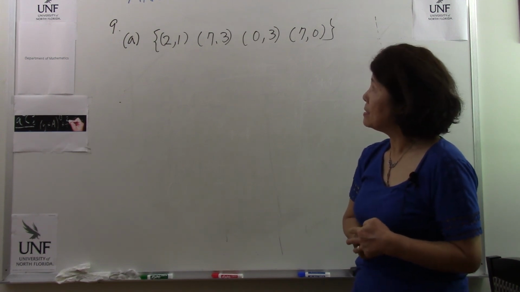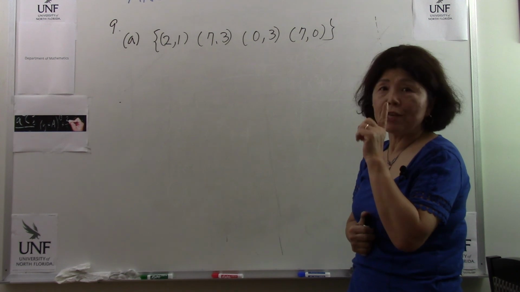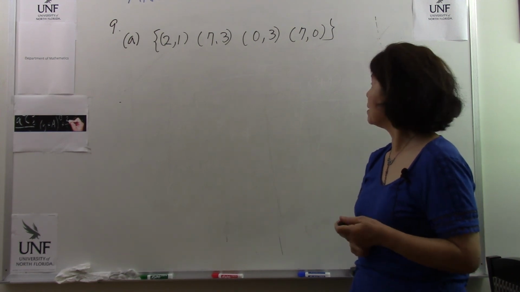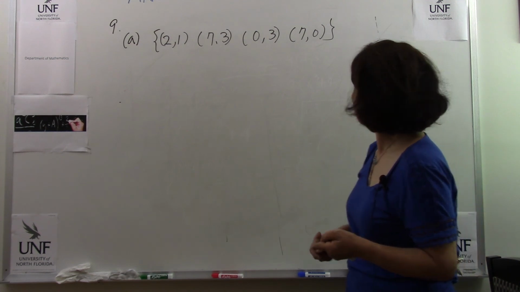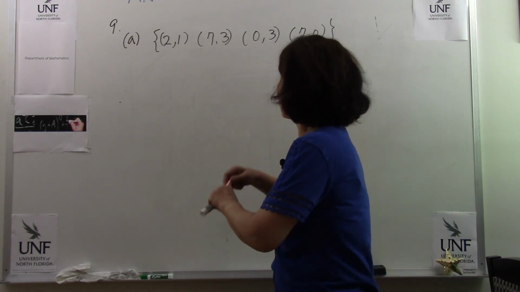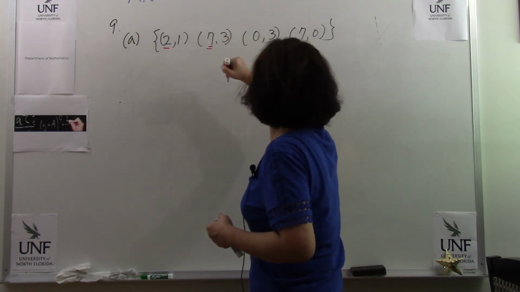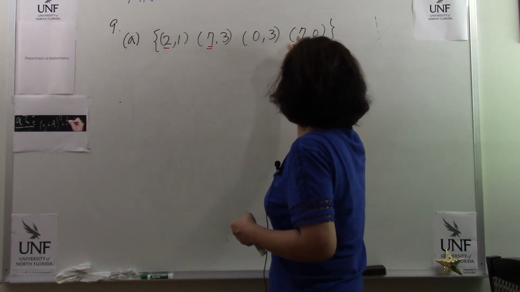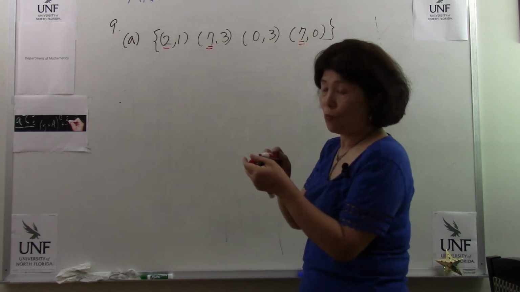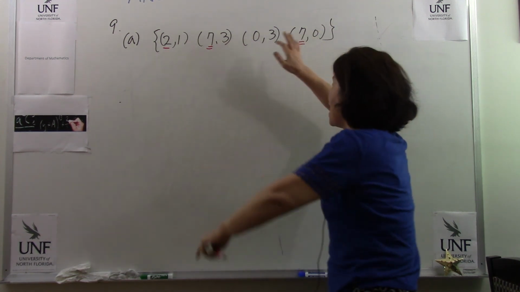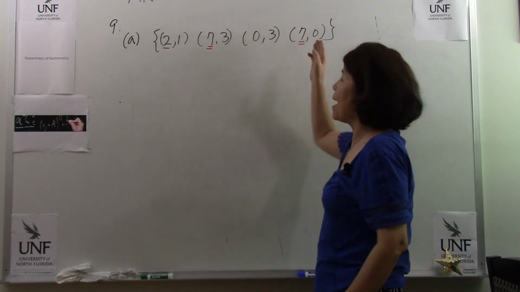The function means just for each x value, there is exactly one y value. So let's see over here. 2 goes to 1, 7 goes to 3, and then over here I see 7 goes to 0. So that means the same x value 7 has 2 corresponding y values.